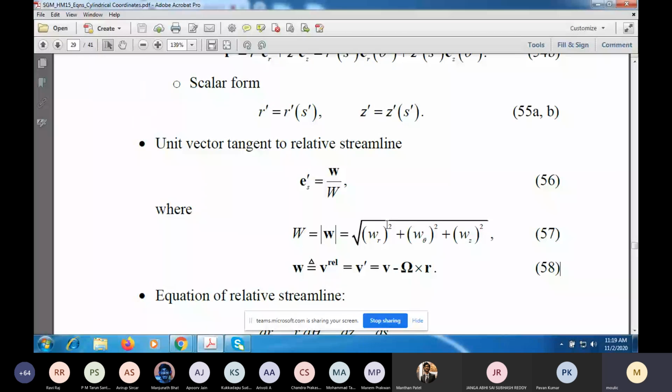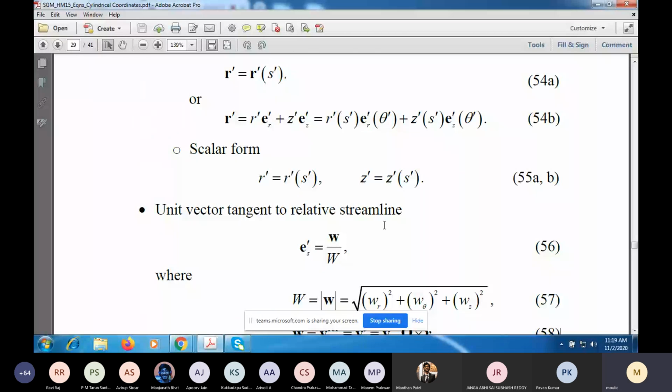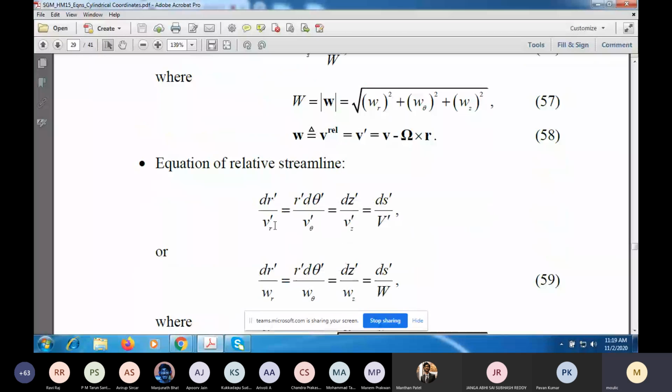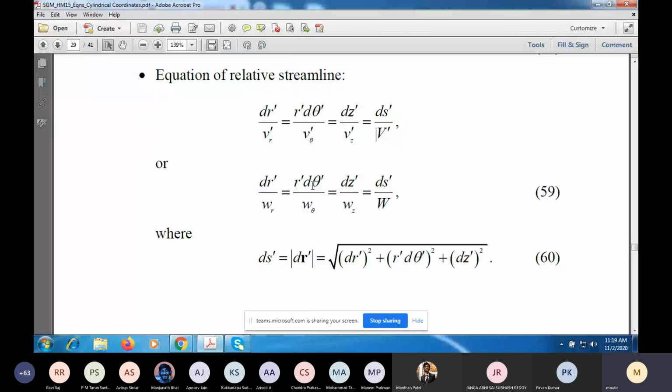So if you look at the vector dr or dr prime, it will be parallel to W. So that is true if dr prime by Vr prime is equal to r prime d theta prime by V theta prime, equal to dz prime by Vz prime. And each of these three equations I can also write as ds prime by V prime. So notice that since theta is in radians, it is dimensionless, so we have the scale factor r here.